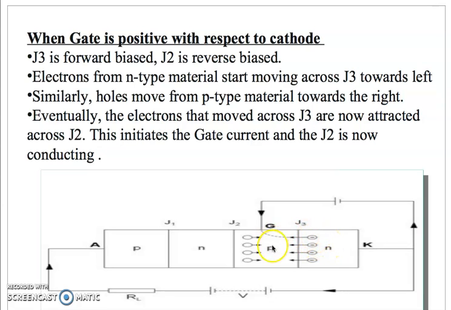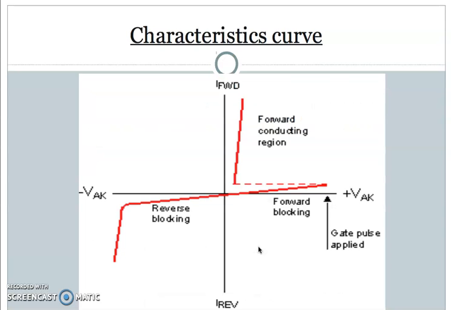When the electrons come to the P region, they are immediately attracted by the J2 region, and hence without any problem they complete the path, a huge current flows and the SCR starts conducting. This region is referred to as forward conduction mode, being indicated in the characteristic plot.